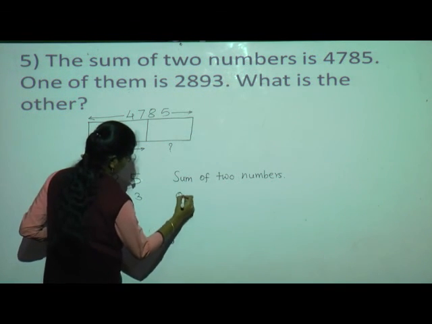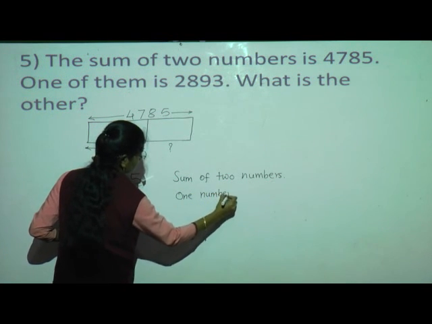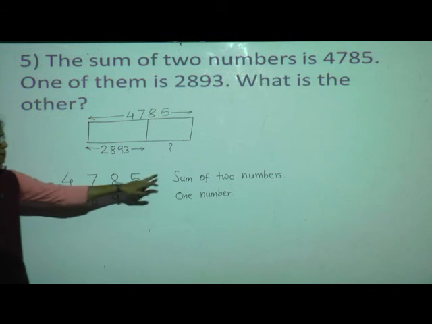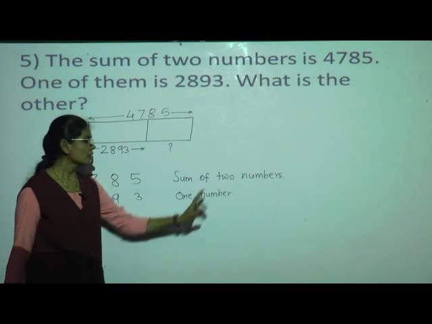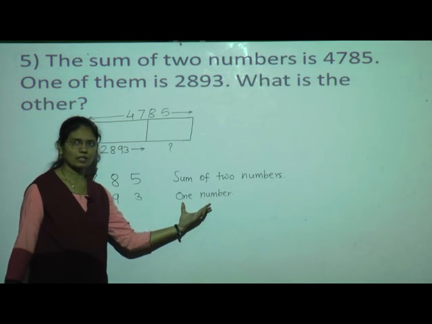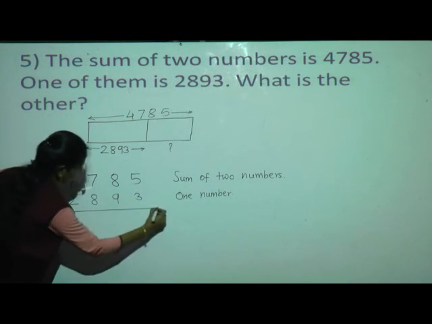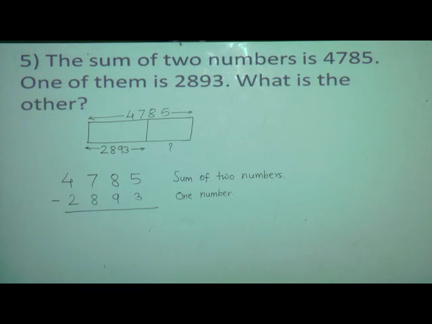This is one number. Now here we have to find out the other number. Why? Because one number is given. Okay. Now we have to find out the other number. For that we will do the subtraction.